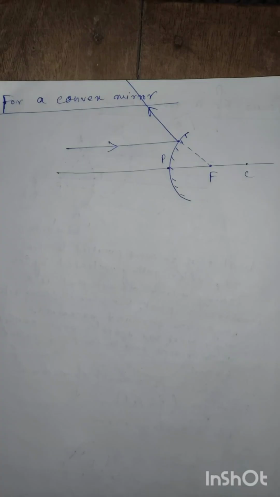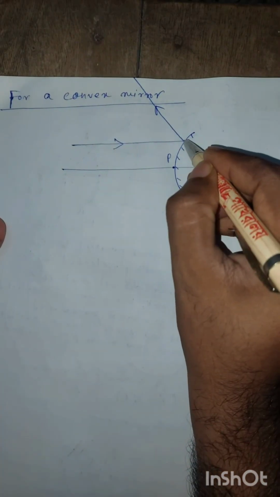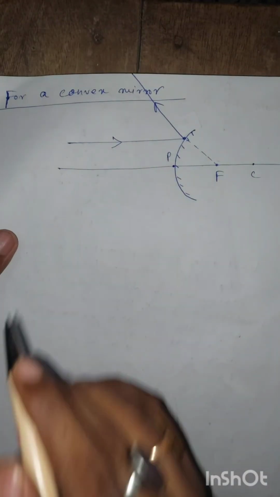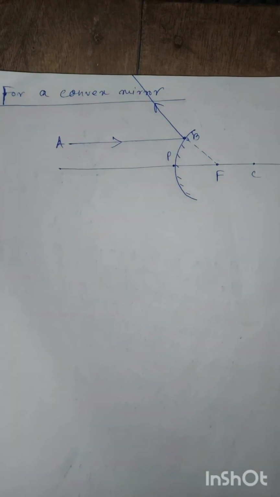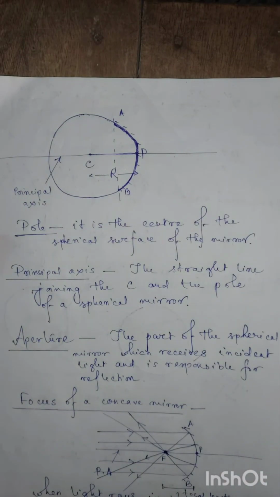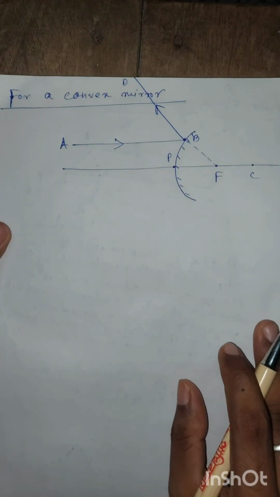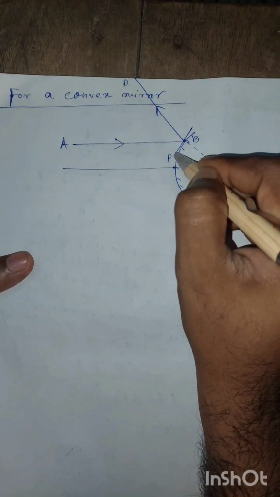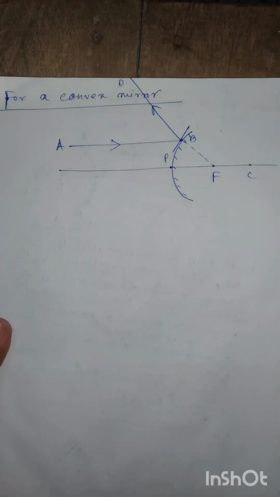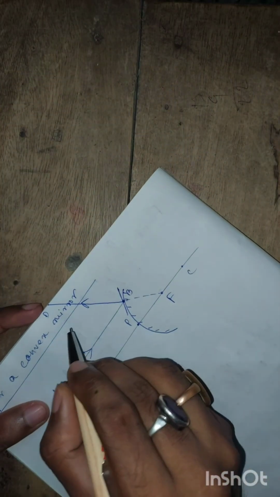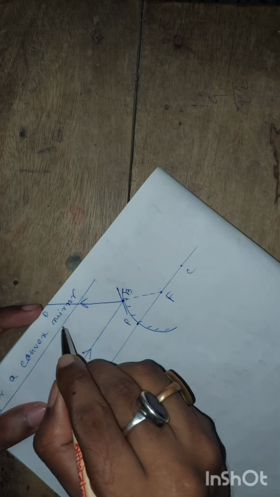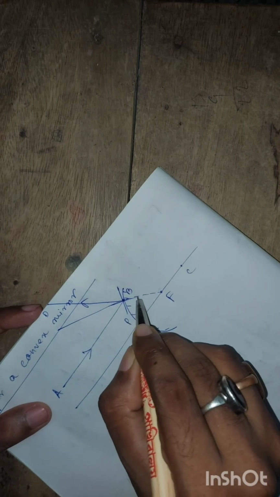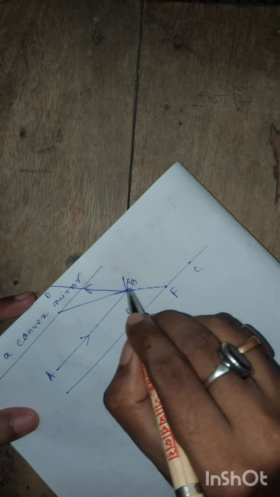Now if we draw a tangent at the point of incidence, and if we draw a normal at the point of incidence, that normal will pass through the center of curvature.